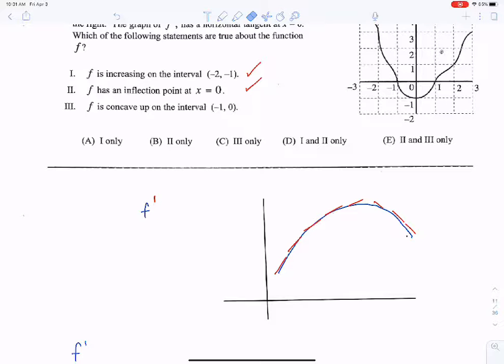Now, when I take the second derivative, that gives me concavity. But again, when we're doing concavity, what are we looking at? We are looking at the slopes of the tangent lines to the derivative function. All we're doing is taking derivatives, but each of those derivatives, as we go further down from that position function, has a different meaning.